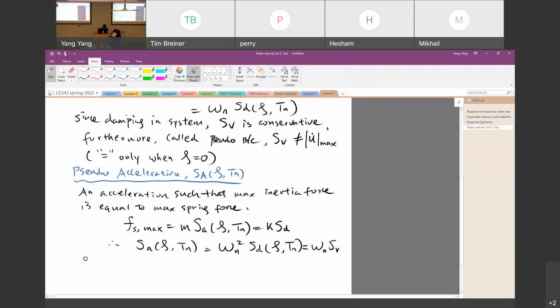Similarly, since we have damping here, this pseudo acceleration will also be conservative.